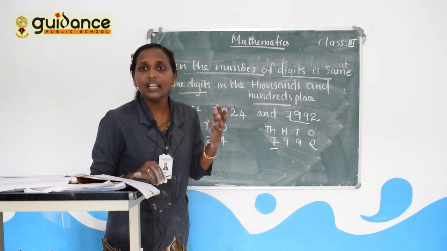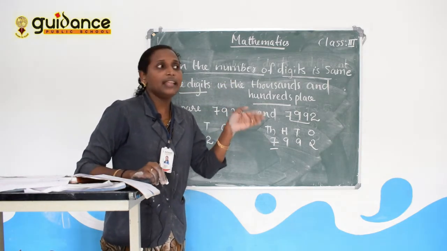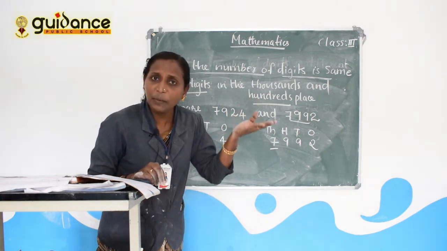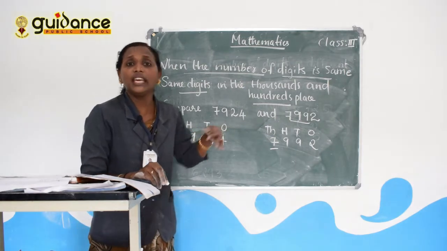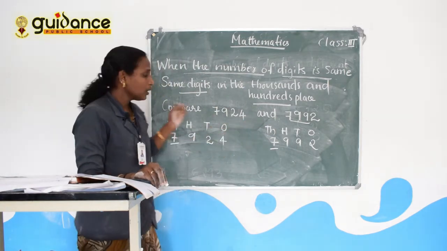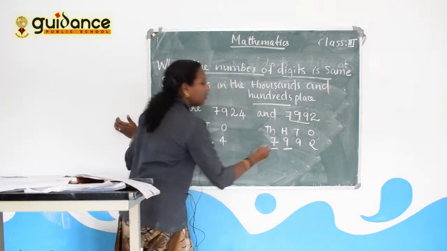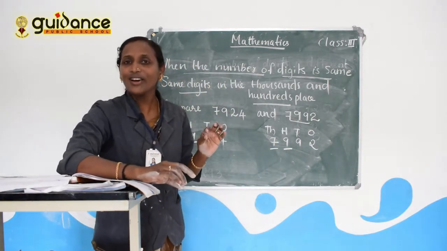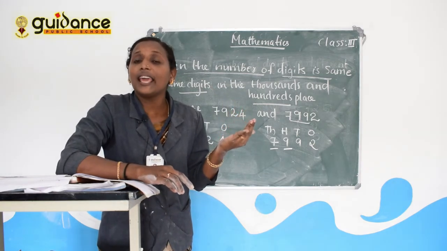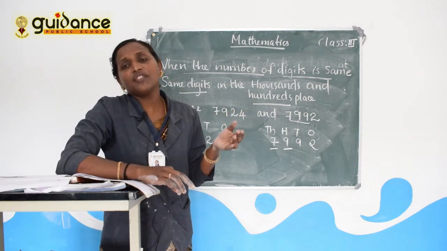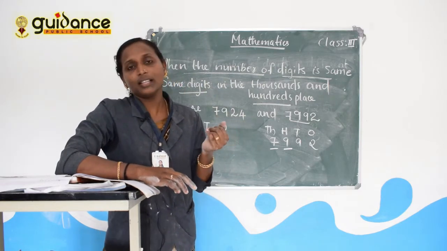Then, if the extreme left is the same digit, we go to the next place, the hundreds place. Look at the hundreds place: 9, here 9. The problem arises, both numbers have the same digit, so we can't tell which is the greatest number or the smallest number.